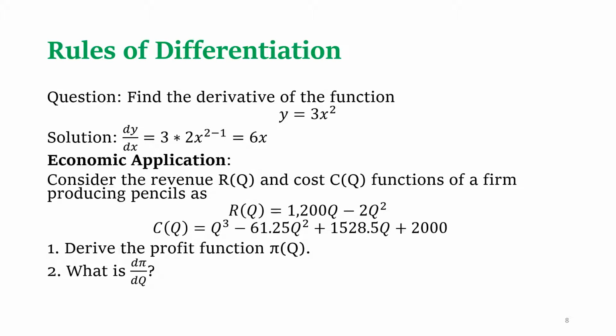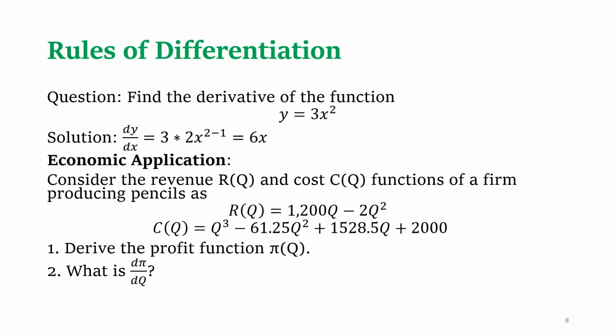We said that if we want to find the derivative of this function, that is dy/dx, we multiply the exponent, which is 2, by this whole term, 3x, right? And then we have 3 times 2x raised to the power 2, right? But we also need to subtract 1 from that power. Have you seen? So 2 minus 1 is just 1, right? And so 3 times 2 is 6. So we have 6x. You got it?